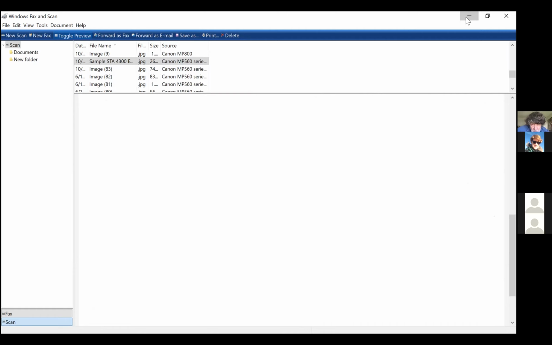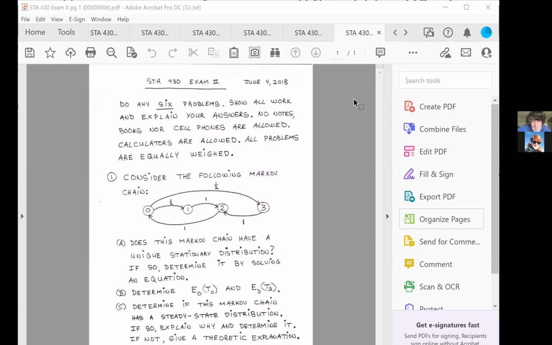Yeah, I see that, but then there's a blank canvas below it. Do you see problem 1 with a diagram? I don't see a diagram. Does anyone see the diagram? No. Okay, I don't see it either, so I need to share this somehow. Let me give that another shot. Stop sharing. Reshare. How about now?